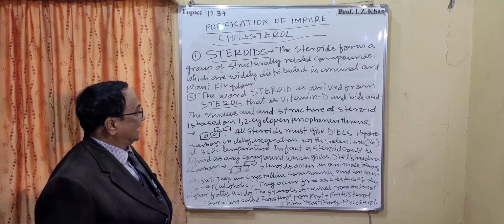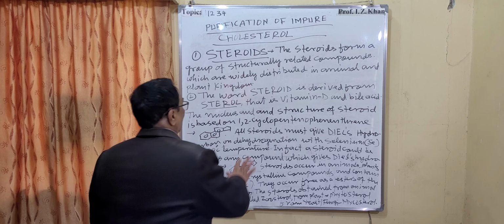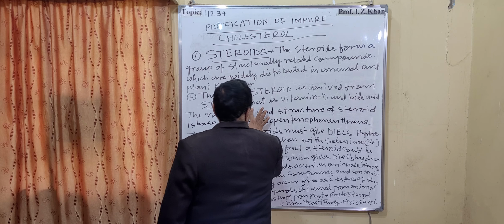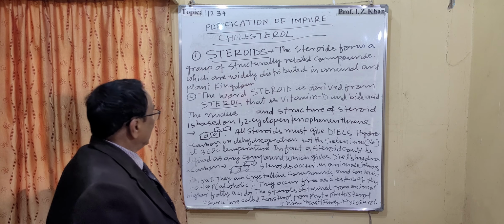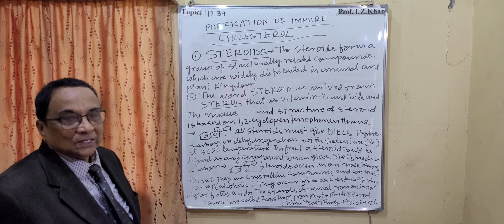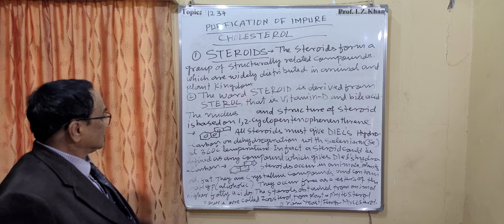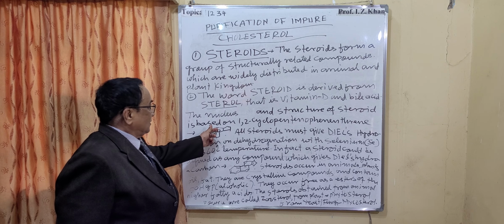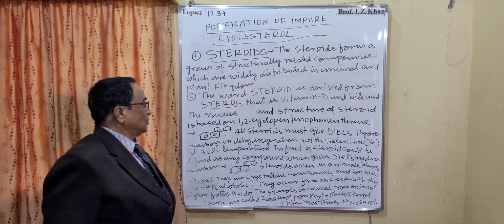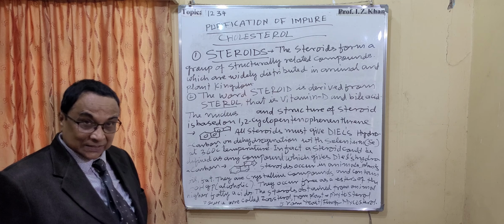The nucleus and structure of steroid is based on the 1,2-cyclopentanophenanthrene nucleus, that is phenanthrene and cyclopentano. All steroids must give this hydrocarbon.